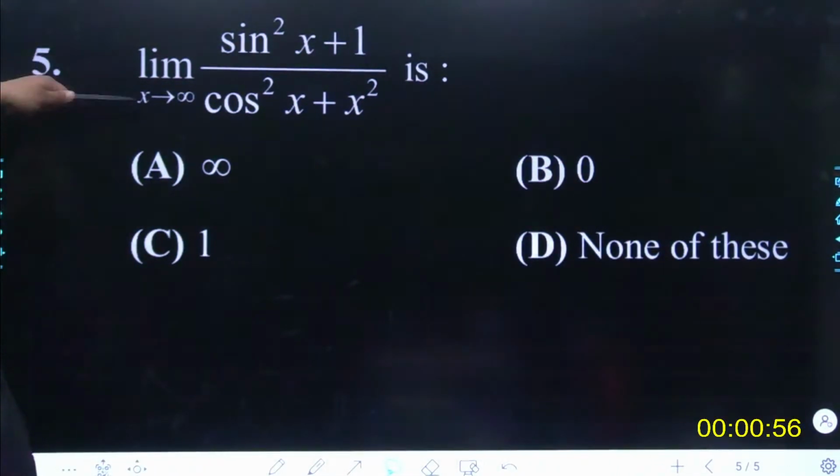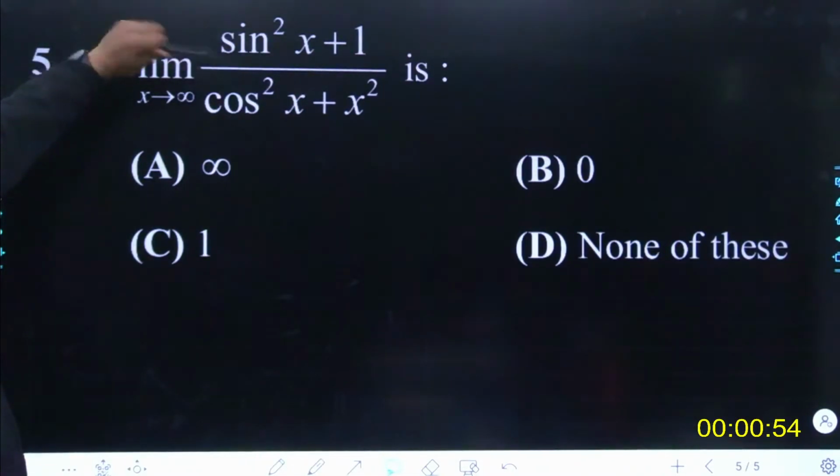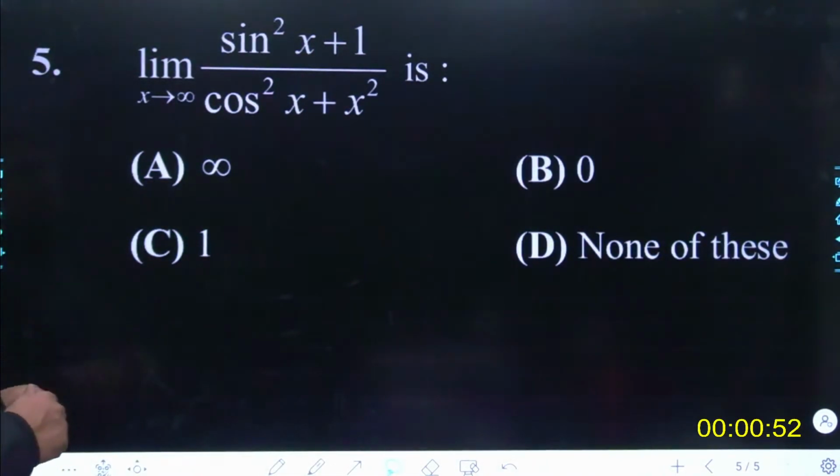That is the limit x tends to infinity of sin square of x plus 1, and towards the denominator side, we have cos square x plus x square. The four different options attached along with the problem are infinity, 0, 1 and none of these.